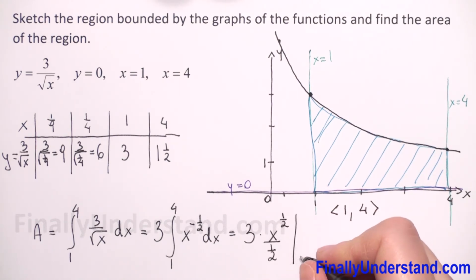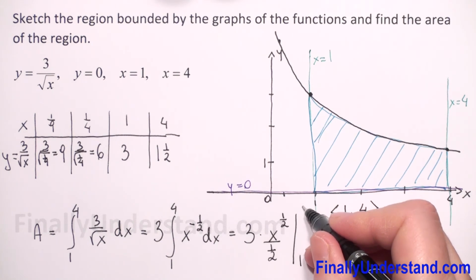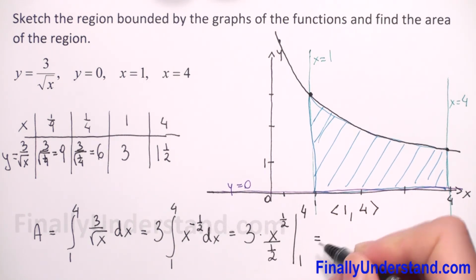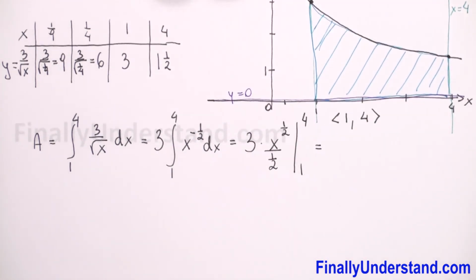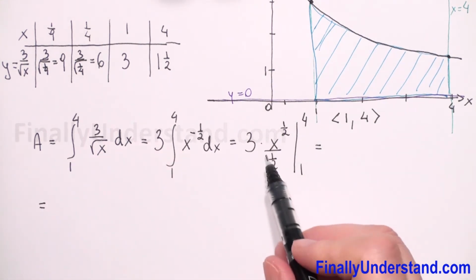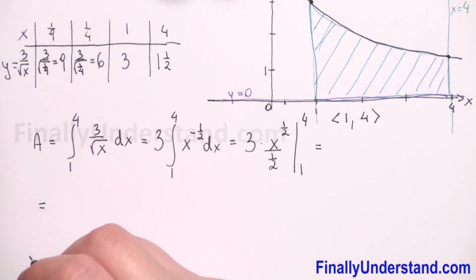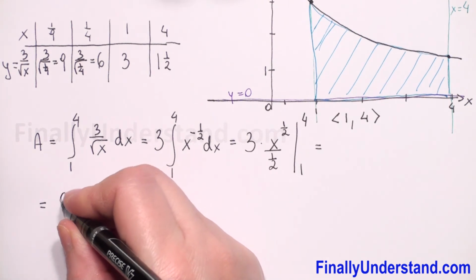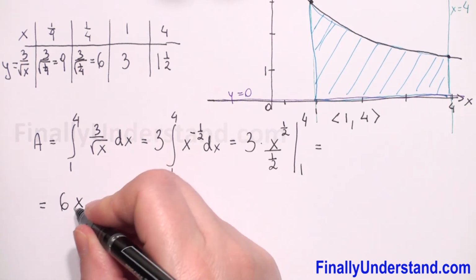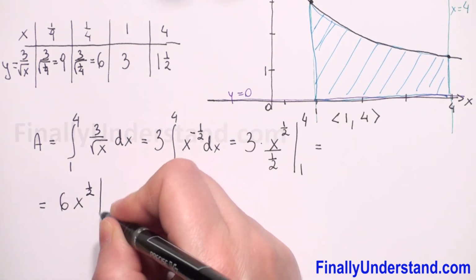And the limits of integration are 1 and 4. So this is equal to, we have to flip 1 over 2, so it will be 3 times 2 is 6. And we have x to the power 1/2.